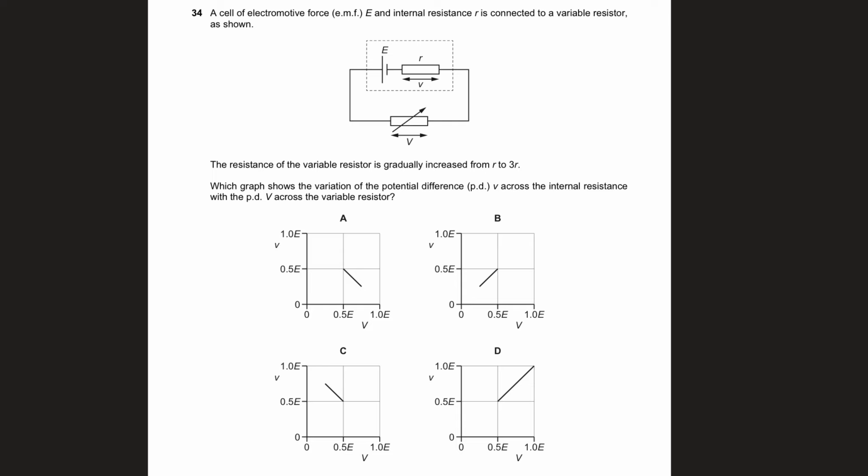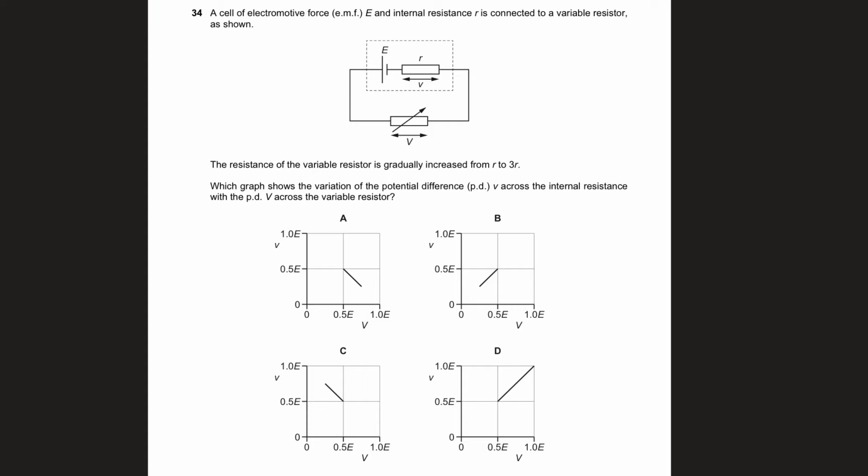Question 34 says a cell of EMF E and internal resistance R is connected to a variable resistor. The resistance of the variable resistor is gradually increased from R to 3R. Which graph shows the variation of the potential difference across the internal resistance, represented by lowercase v, with the potential difference across the variable resistor, represented by an uppercase V?